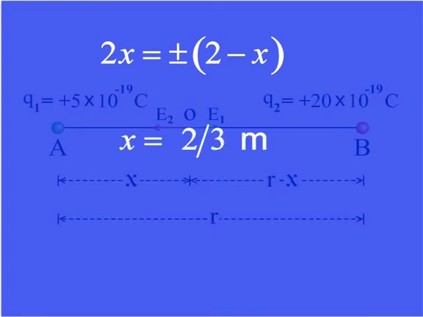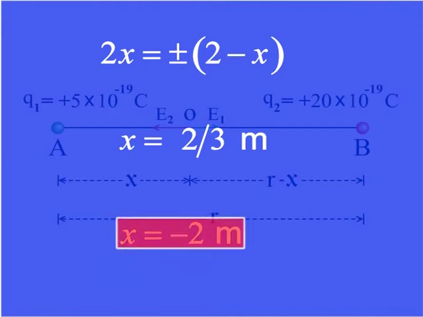This would give x either equal to 2 by 3 meter or minus 2 meter. Here, x equal to minus 2 meter is not a valid solution. Thus, electric intensity will be 0 at a distance of 2 by 3 meter from the charge Q1.